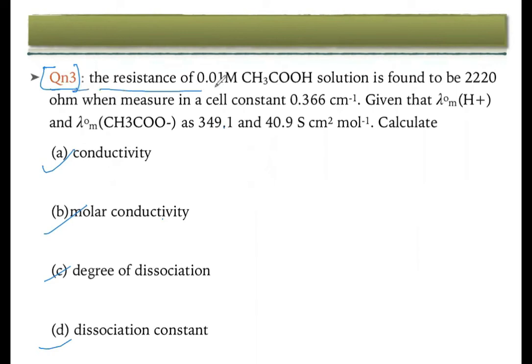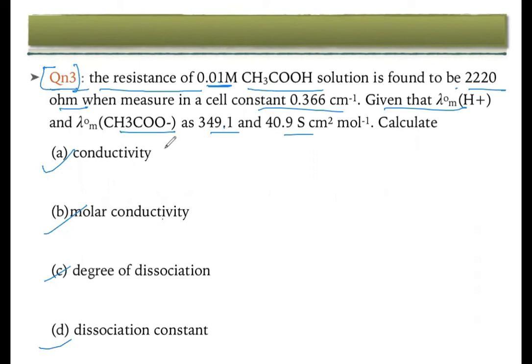Question number 3 says: the resistance of 0.01 molar acetic acid solution is found to be 2220 ohm, when measured in a cell of cell constant 0.366 per centimeter. Given the lambda m naught of H plus and acetate ion, calculate the following.